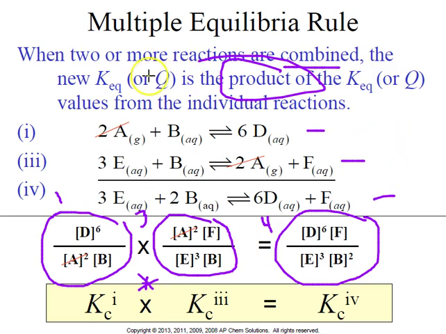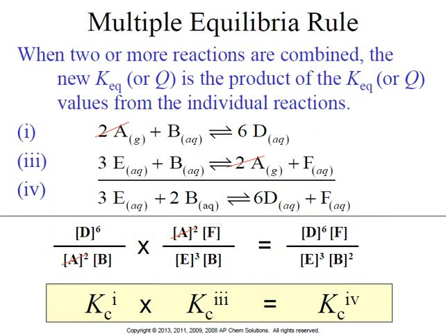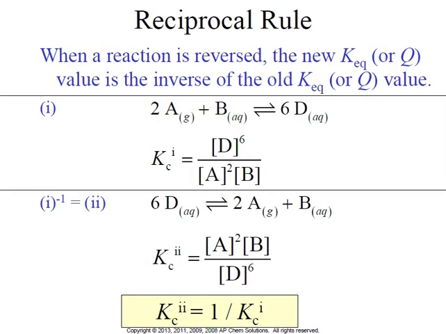All right, the last thing that can happen, I'm going to back up a slide to give you an example, is you can change the coefficients on a reaction. So here, instead of 2A and 1B and 6D, we could have a multiple of that. So 4 and 2 and 12.